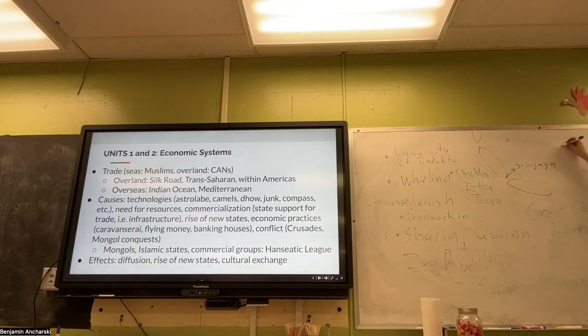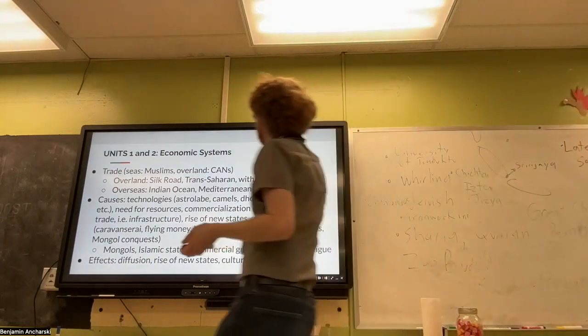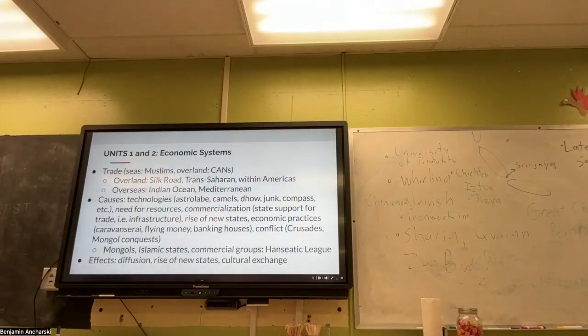The other technology I would add is the lateen sail. The lateen sail, in combination with the dhow and the astrolabe, will allow for easier navigation. But from China, we have the junk, which is a type of ship, and the compass. The compass will allow for overseas and overland trade.